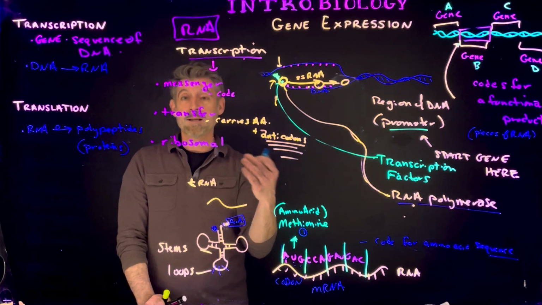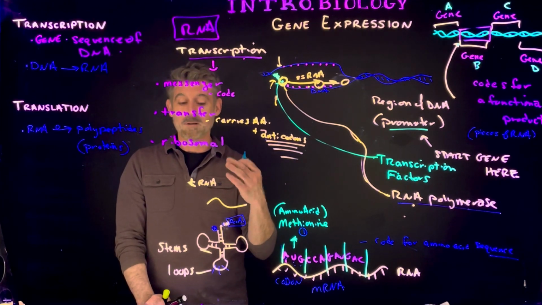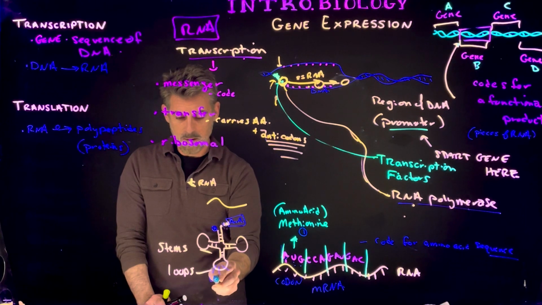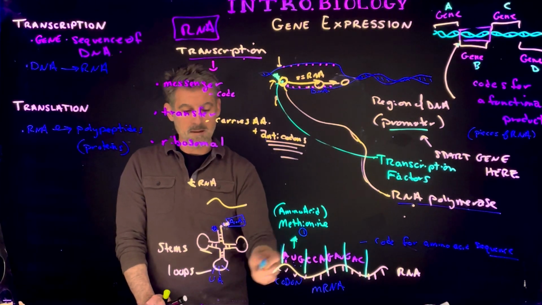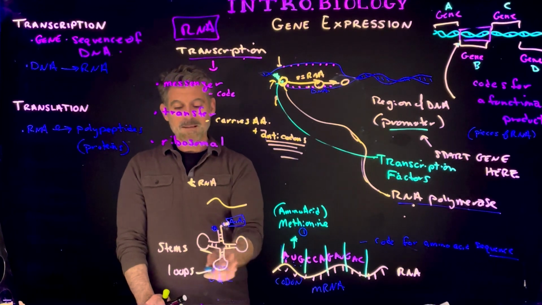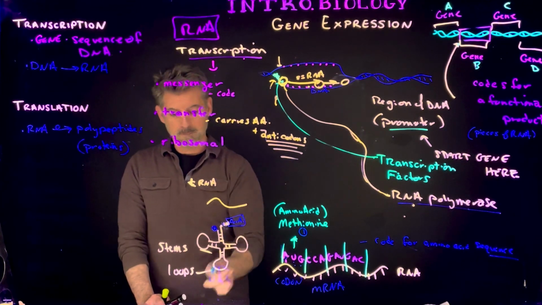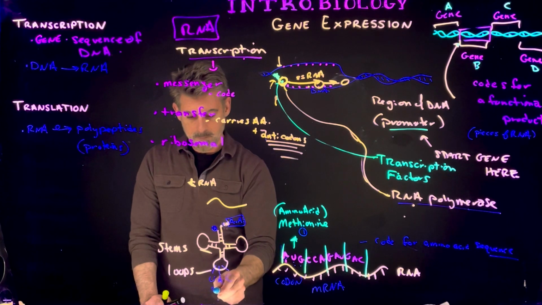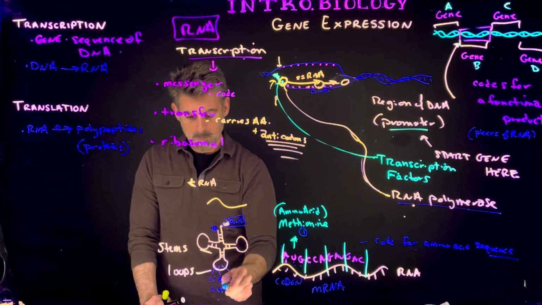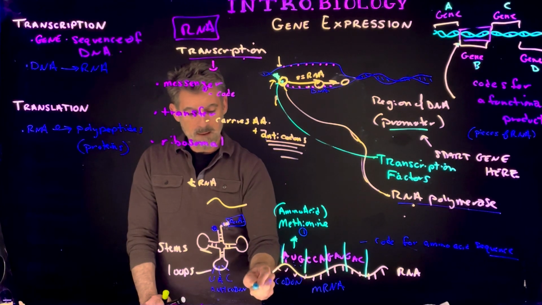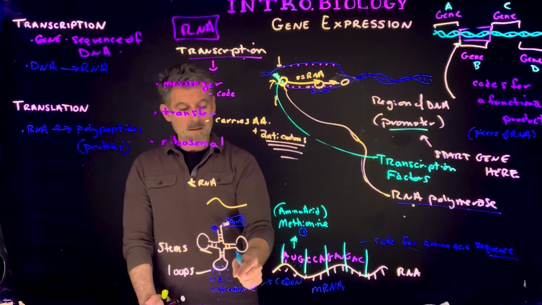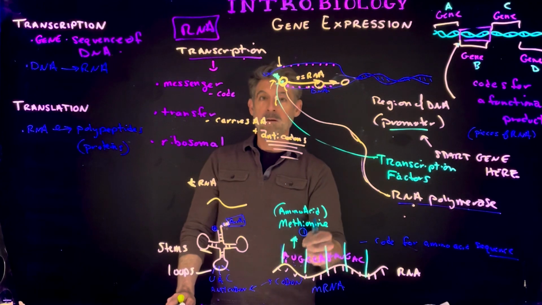Normally we say T in DNA, but in RNA it's U. So we'd have a U here. With U goes A, and then with G goes C, as always. So this is the anticodon for that codon. UAC is the anticodon for AUG.